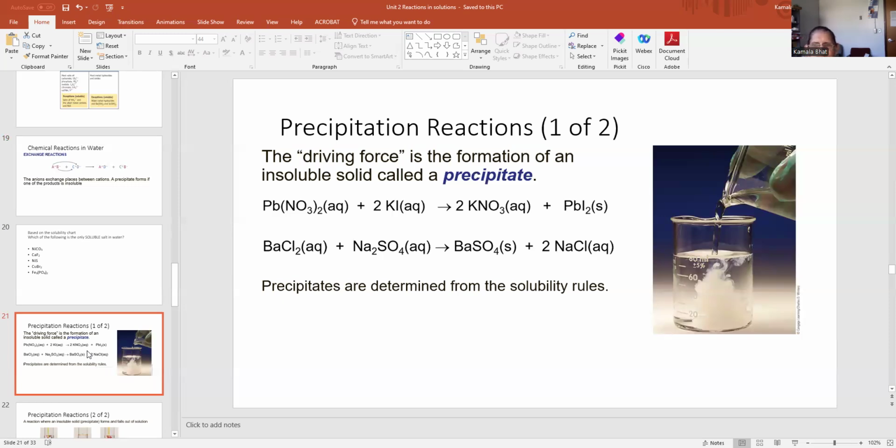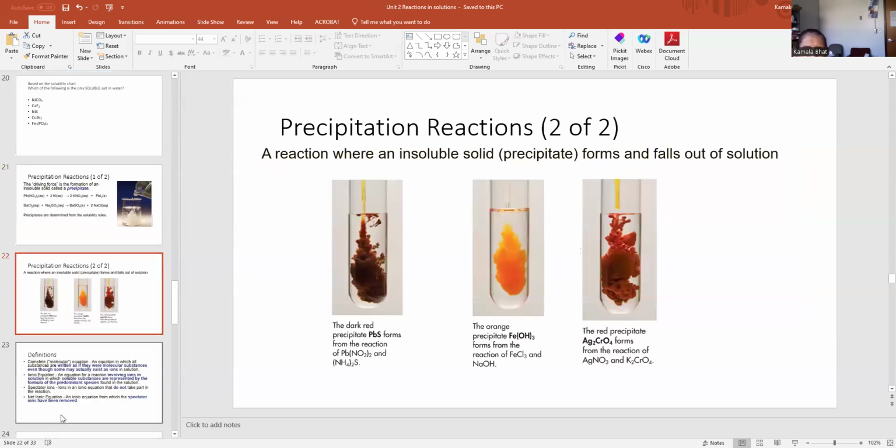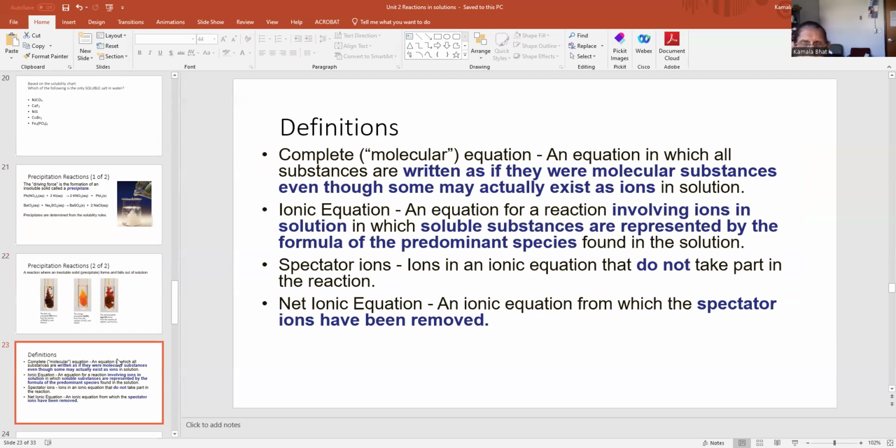You can see how the precipitate forms, and these are different types of reactions with different precipitates. This is one of the aspects of chemistry that's really beautiful to watch. When you perform the experiments, you get so excited because of the formation of different colors as a result of the precipitation reaction.